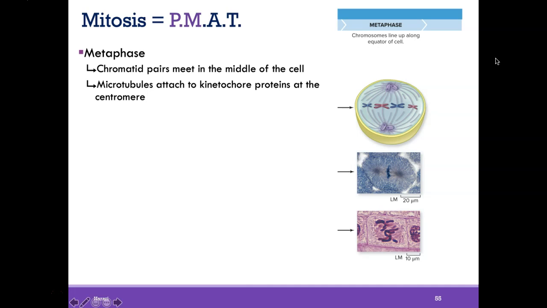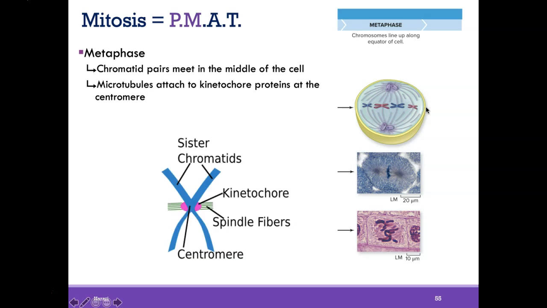In metaphase, all of the chromatin pairs meet in the middle of the cell, and the microtubules attach to the kinetochore proteins at the centromere. So remember, there are two kinetochore proteins. The mitotic spindle attaches one to each, so one on this end, the other on this end. It's very important for all the chromosomes to line up along the equator of the cell, so they're divided equally.